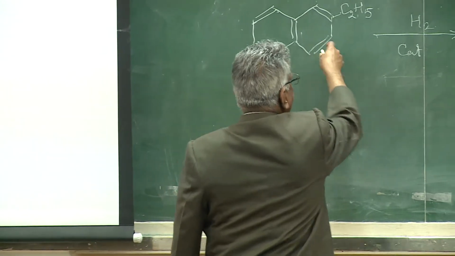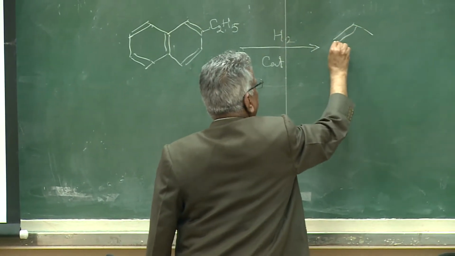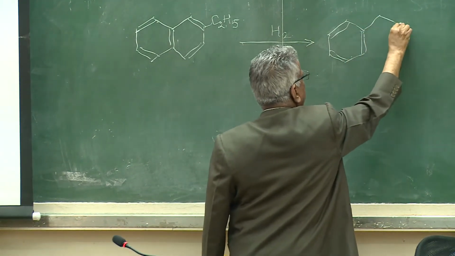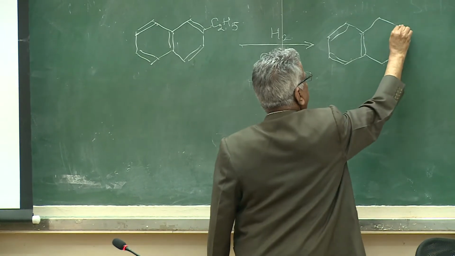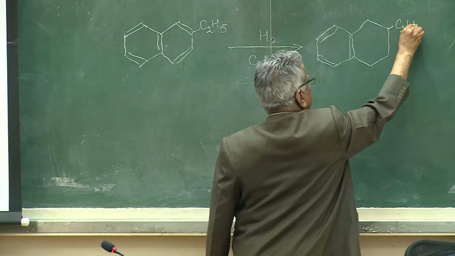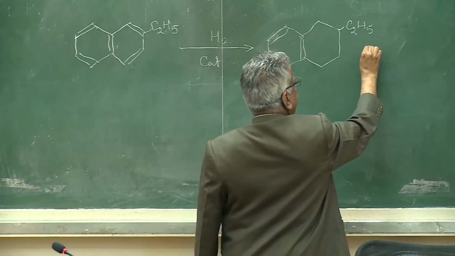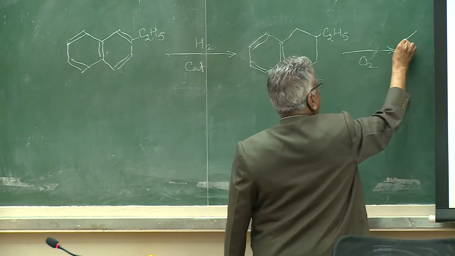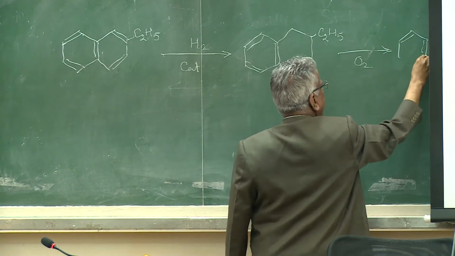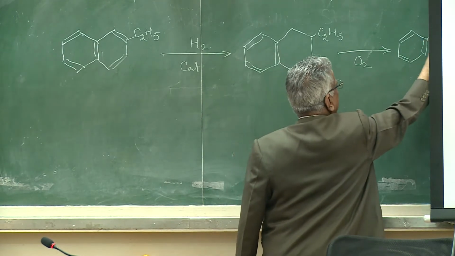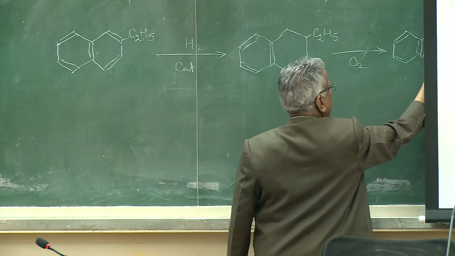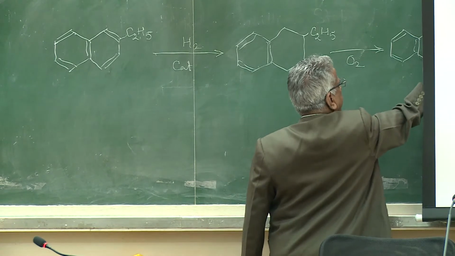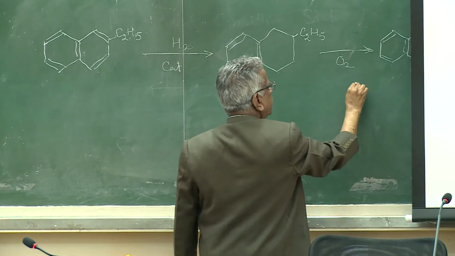So, one ring gets hydrogenated and then this is oxidized, and you get back C2H5 plus H2O2.